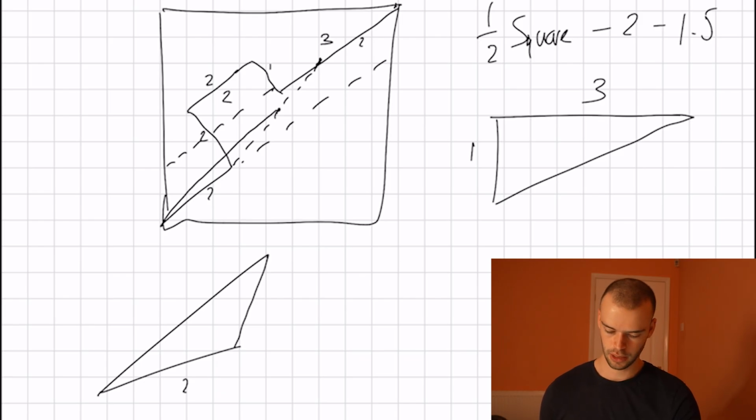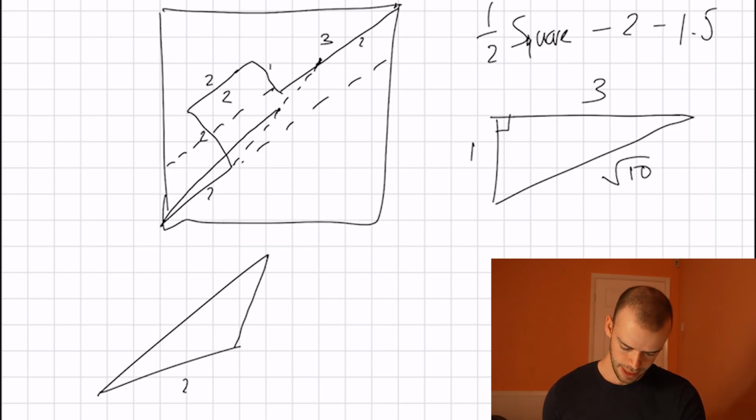Okay, what is the length of the full diagonal of that triangle? Well, we can use Pythagoras since it's a right angle triangle. So the square root of 3 squared plus 1 squared, which is root 10. Therefore, this length, which is half of this diagonal, is going to be root 10 over 2.